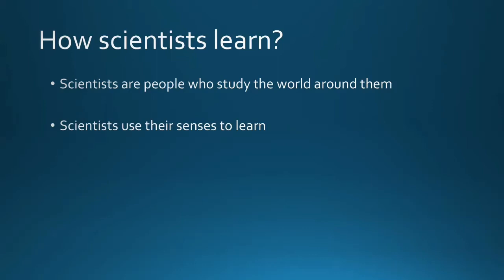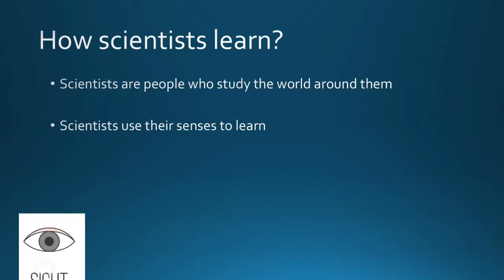Scientists study plants and animals, rocks and soil. Sometimes scientists study the world in general, or they study space, right? When scientists study any of these, they should use their senses to learn.